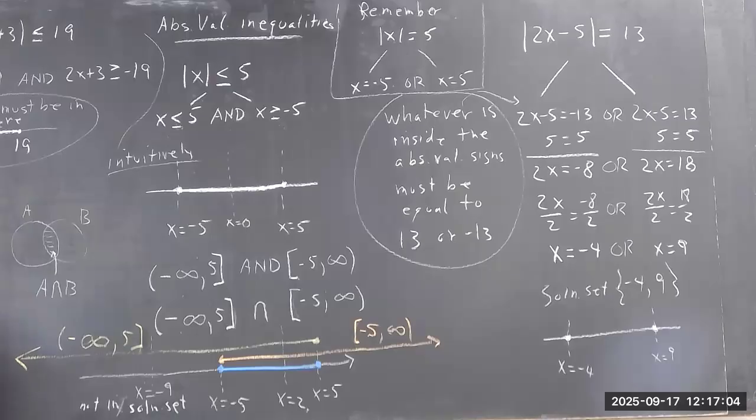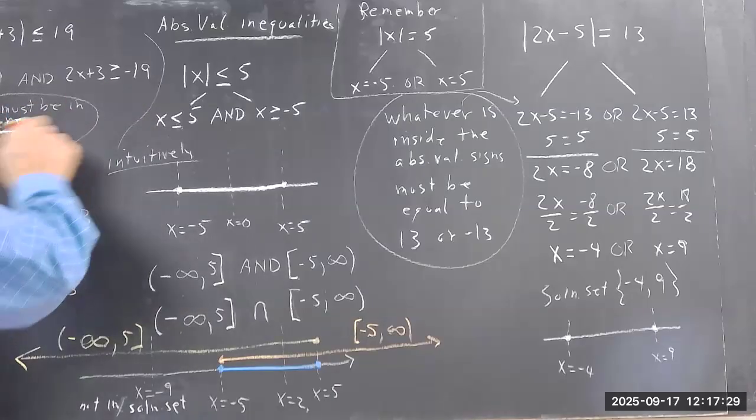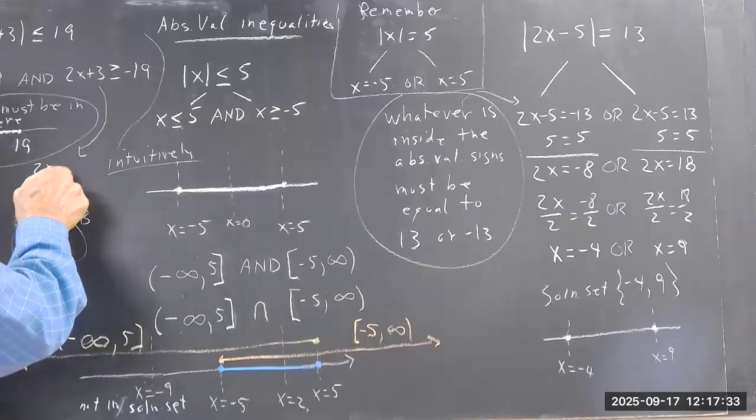Okay, so we can solve. And I'm just going to write it down. And we find that x is less than or equal to 8. This inequality, now I'm getting things messed up all over the board.